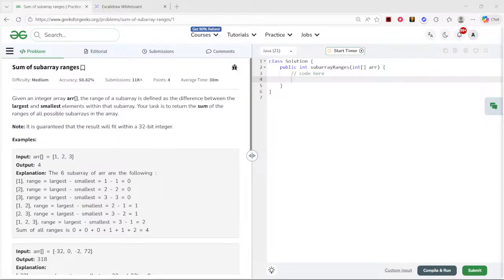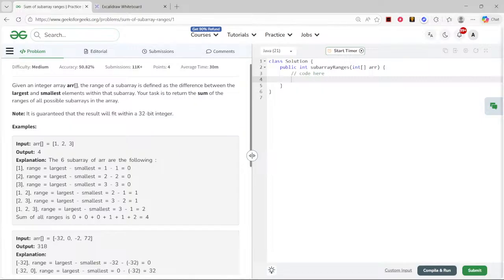How can we do sum of subarray ranges given an integer array? The range of a subarray is defined as the difference between its largest and smallest element within that subarray, and our task is to return the sum of the ranges of all possible subarrays in the array. Note it is guaranteed that the result will fit within 32-bit integers.